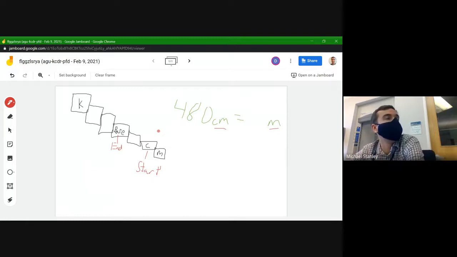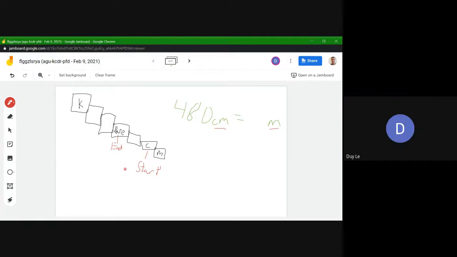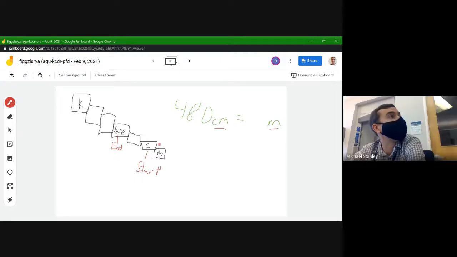So what direction do we have to travel to get from C to base? We go to the right one time. Not the right. So this is milli down here, and we're going here. So we're going to the left. So we're starting at C, and then we got to go here and then here.